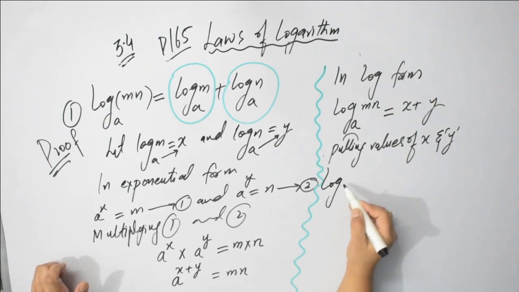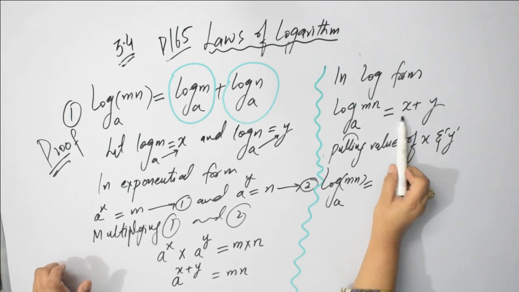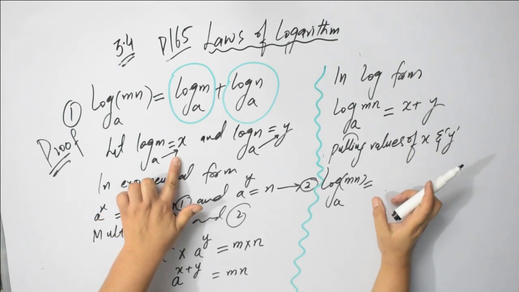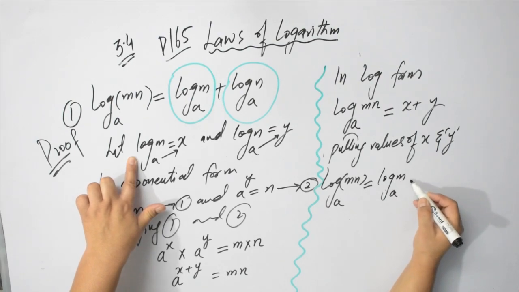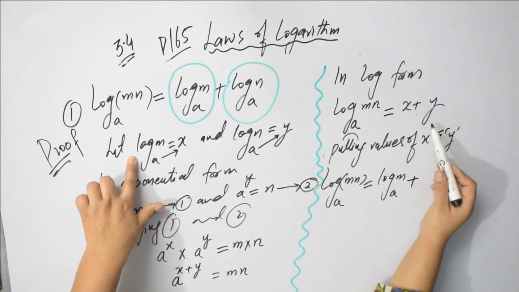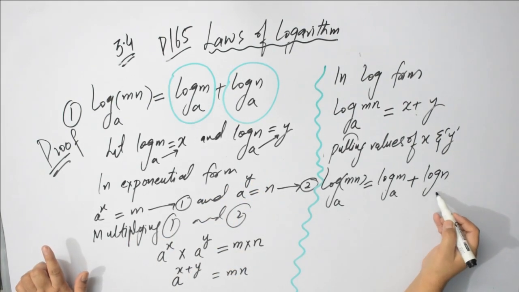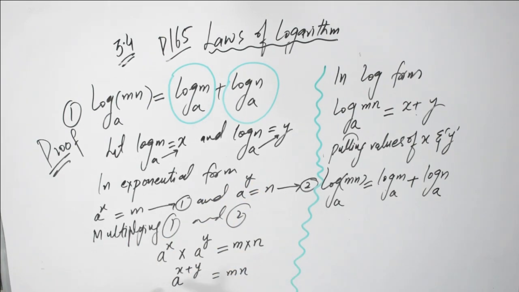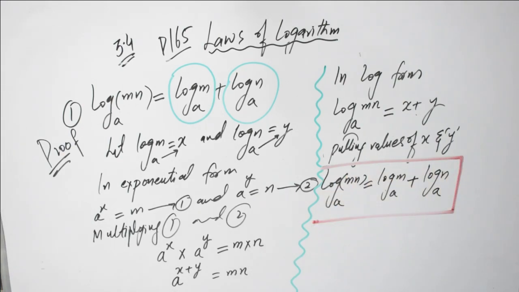So log of mn to the base a is equals to, what is value of x जो आपने लेट की है, value of x is log of m to the base a plus, this is plus y, what is y, log of n to the base a, right, and hence your result, hence proved, this first law is proved, right.